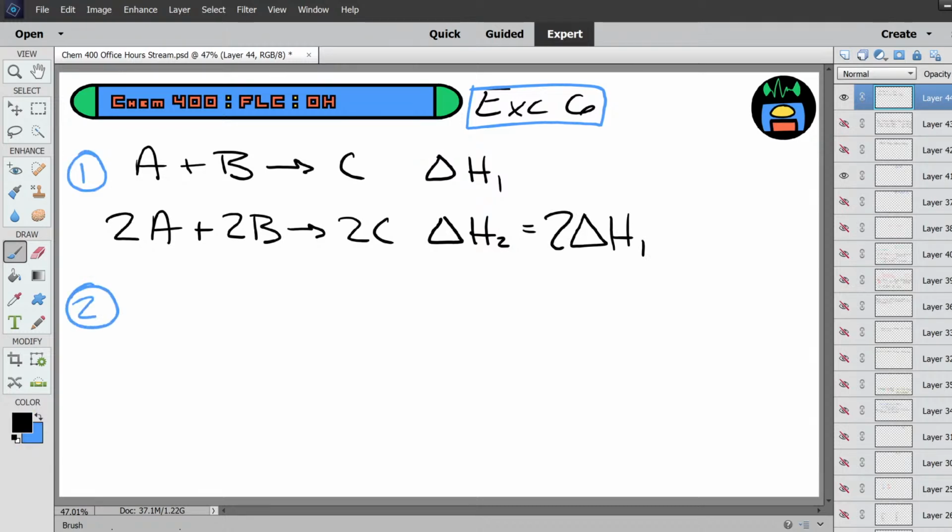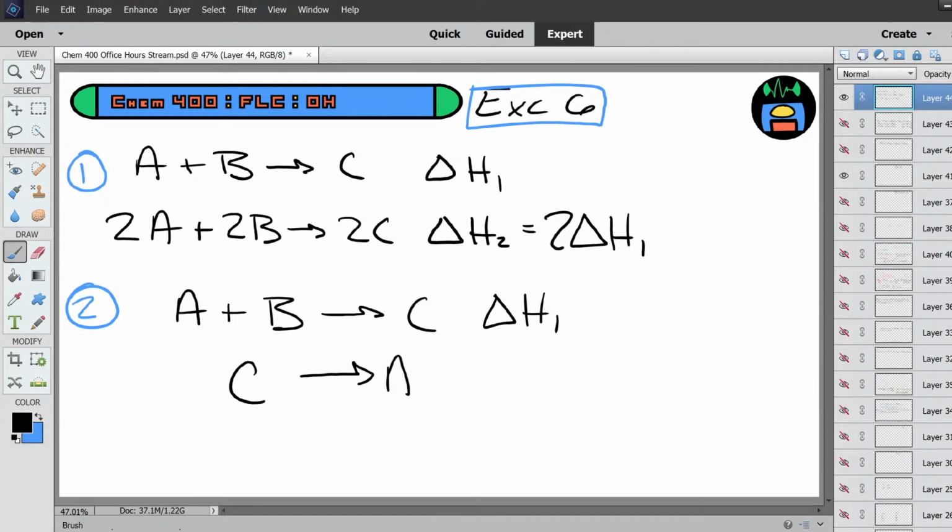Rule number 2, again by way of review, is if you have a reaction A plus B produces C, and this is delta H1, and you flip it around where you say C produces A plus B, you swap your reactants and products, your new delta H, delta H2, is equal to your old delta H multiplied by -1.